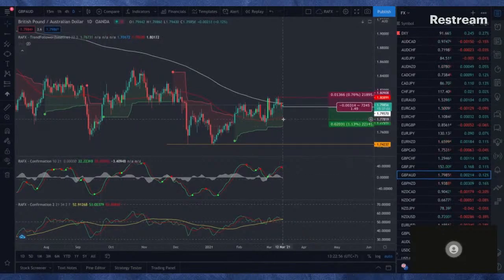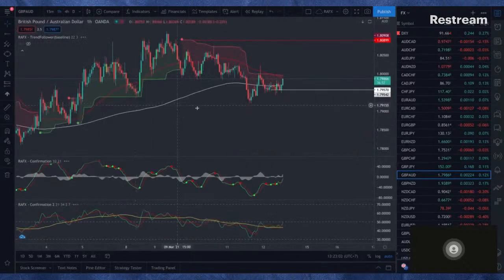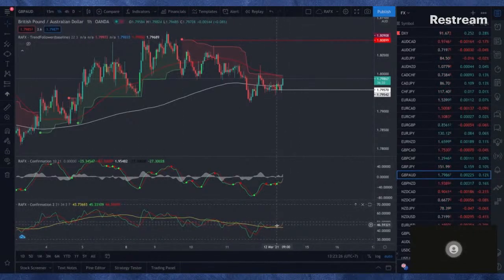So see, my stop loss is in there, and the reason I entered is the price is below the 50 baseline, supported by the sell stop, and also confirmation is below this zone, and the confirmation 2 is also in the sell zone.